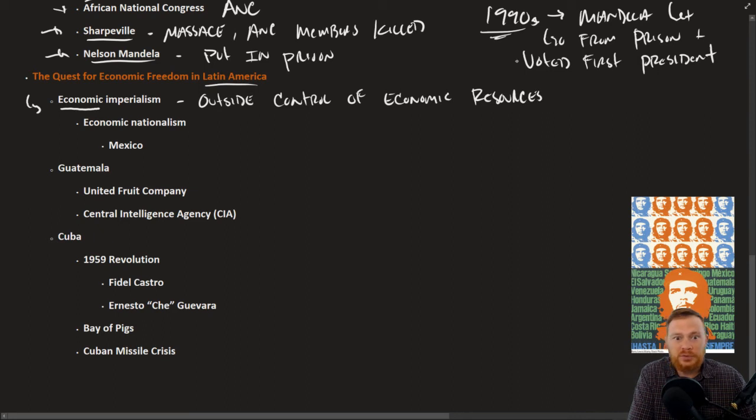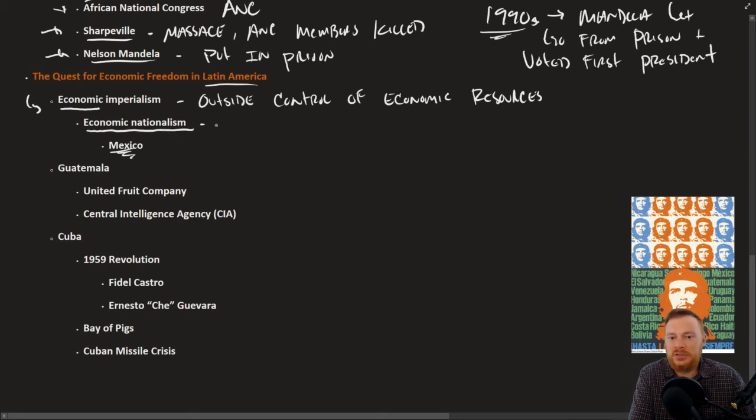So for example, in countries like Mexico, which we actually talked about in a previous chapter, outside powers would control a majority of the land, would own most of the natural resources, would own the infrastructure, and that was very common in Latin America. A lot of nations responded to this foreign control, or at least foreign ownership of industries, with economic nationalism.